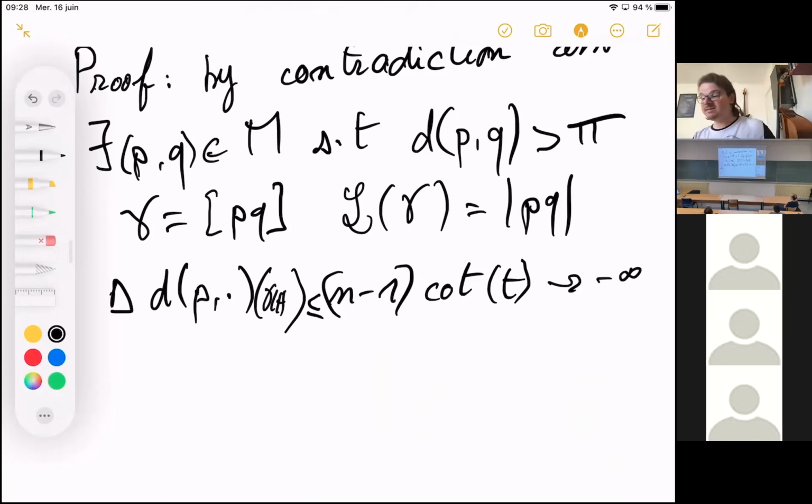And I know that the distance function will be smooth in the interior of any minimizing geodesic. So it should be smooth on the whole of gamma.